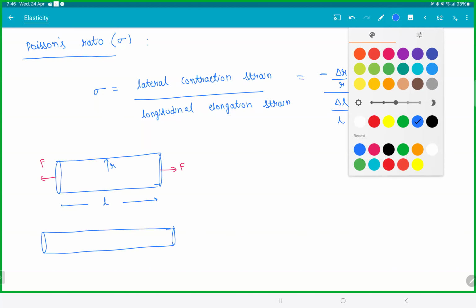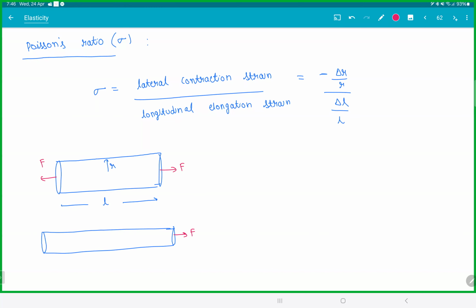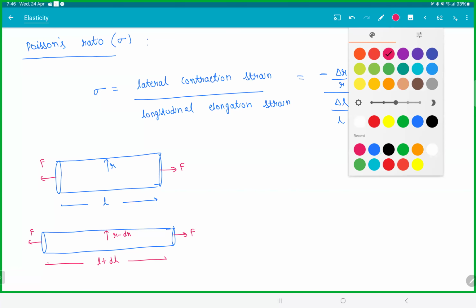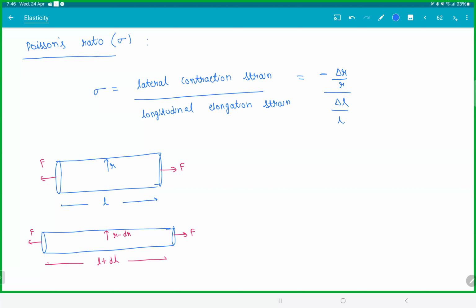We didn't care about it, but this does happen. So length becomes L plus dL, whereas the radius becomes R minus dR. So this ratio of the change in radius, that's what we call lateral contraction strain, delta R by R, over delta L by L. Here the negative indicates that if length increases, R should decrease. Kind of obvious.